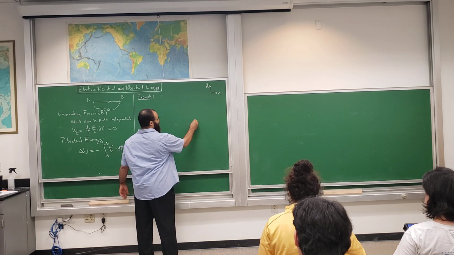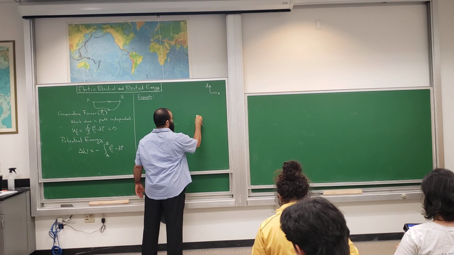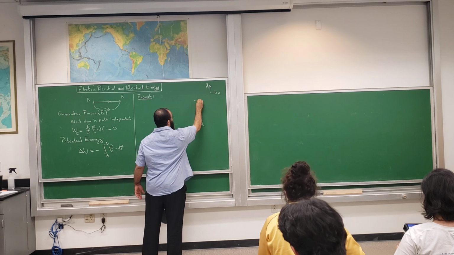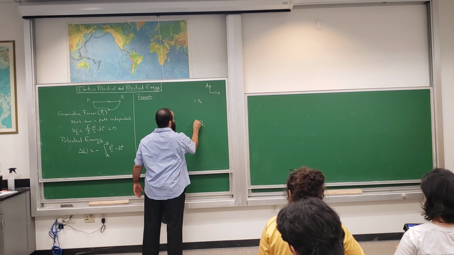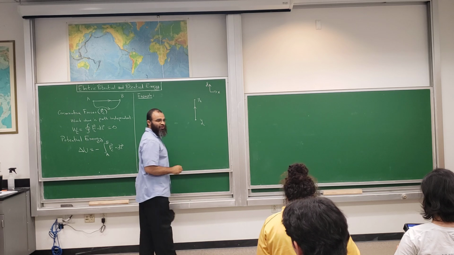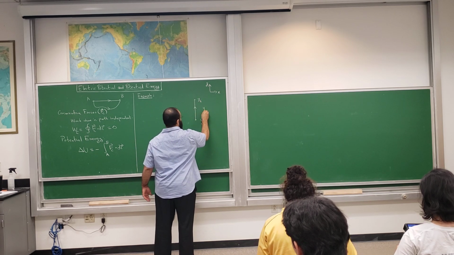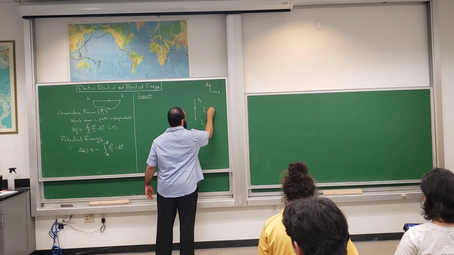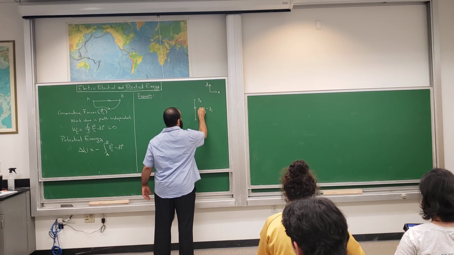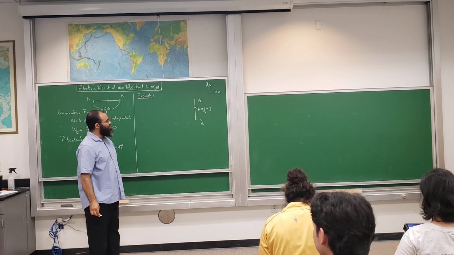Let's say I take an object from y initial to some y final. The object was here initially, and then we're going to raise the object. And the height, which is y final minus y initial, is h, right?